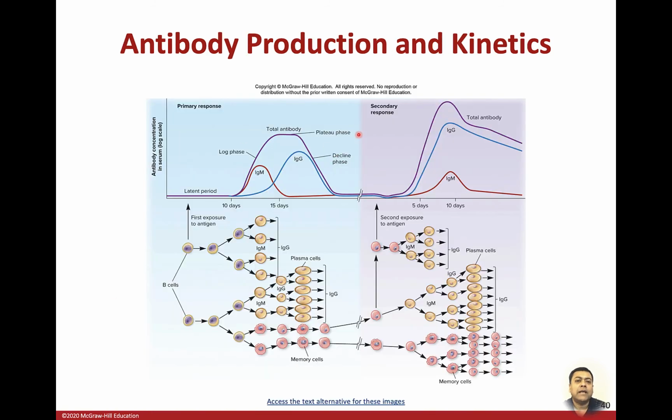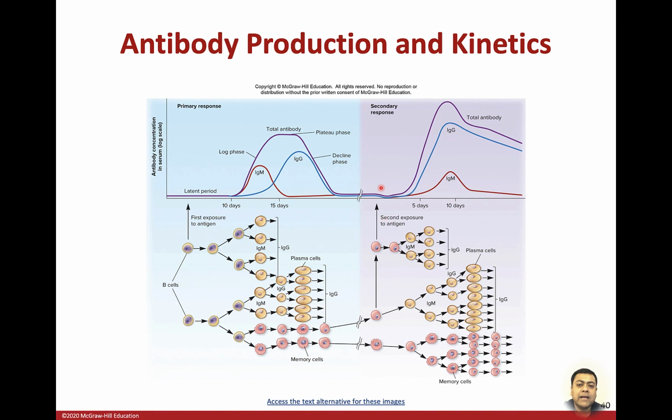So let's take a look at how the antibody is produced and its kinetics. Right here, you have the first exposure to the antigen. This is your total antibody, but see what is being produced first. First, the IgM, the pentameric antibody, is produced, and then the IgG is produced next. Then it will decline.